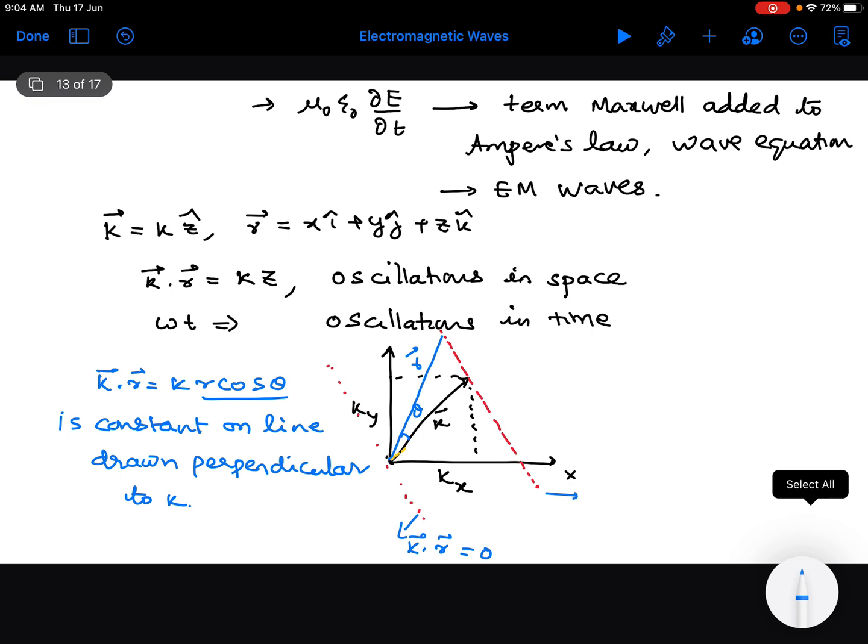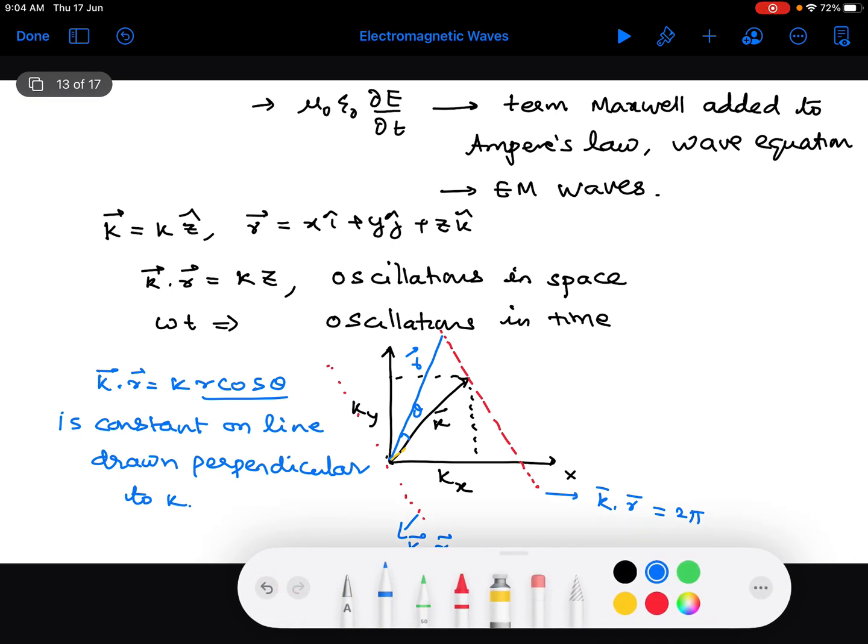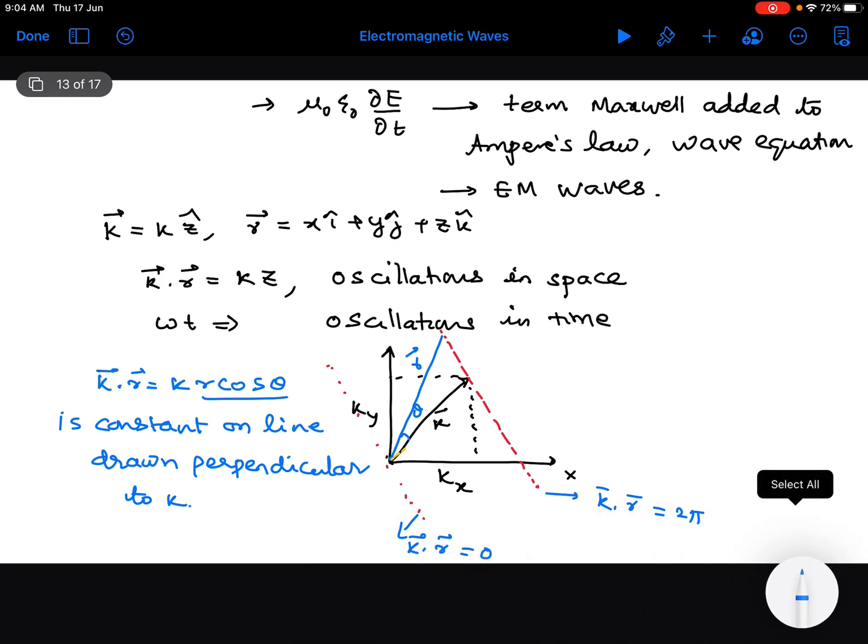In this case k dot r is 2 pi, which means that the two lines are separated by lambda. So on the red lines the field is constant, the field is uniform. So we say that k dot r is constant on the lines drawn perpendicular to it.